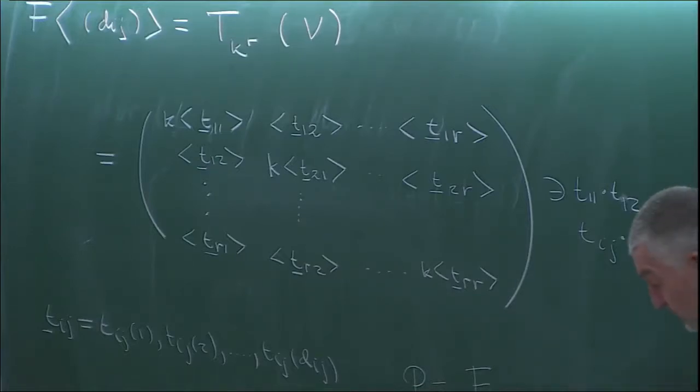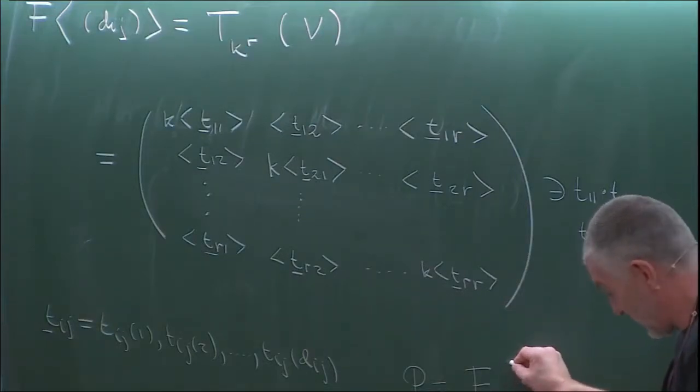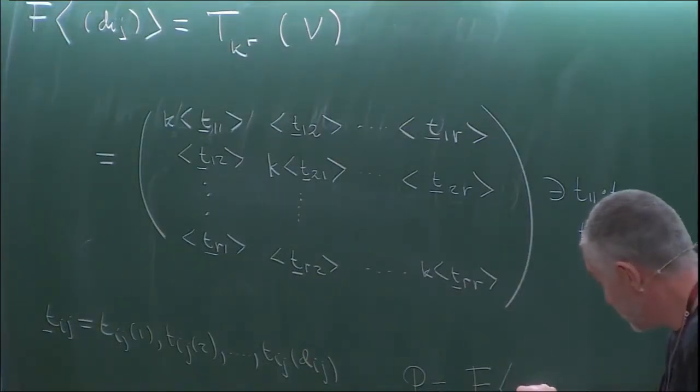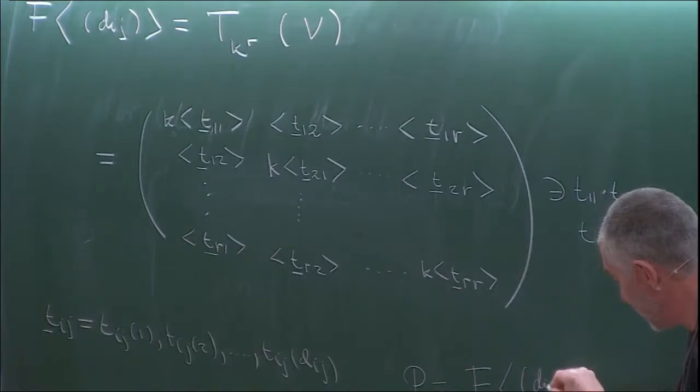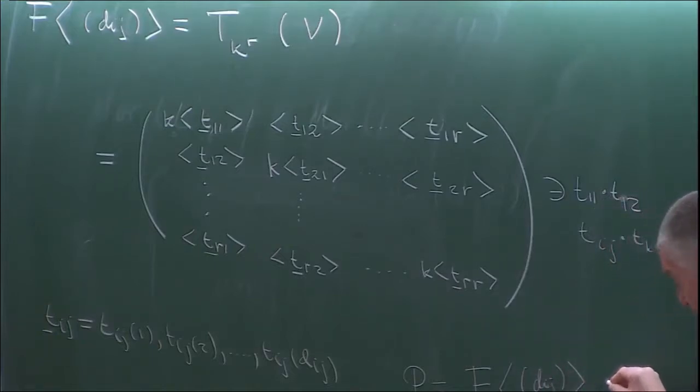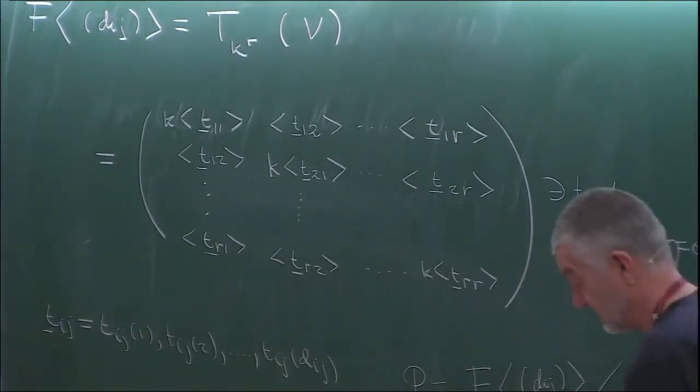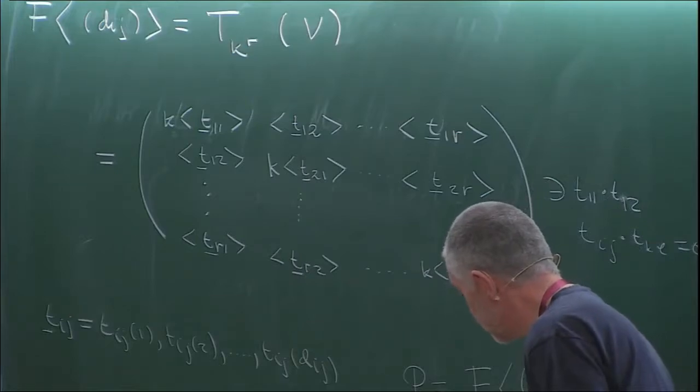So we call this one F, and I use this bracket and the matrix dij for notation, and divide out by an ideal, a two-sided ideal it has to be. Then I call this a quiver algebra with relations.